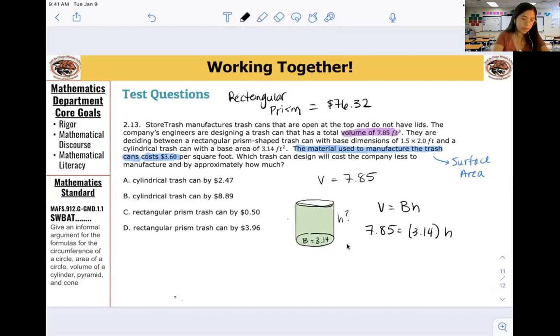All I've got to do is divide. 7.85 divided by 3.14, I get 2.5. So they have approximately the same height. Now, the base area was 3.14, and I can use that to find the radius. If the base area is 3.14 and pi equals 3.14, then I can divide by 3.14 on both sides.